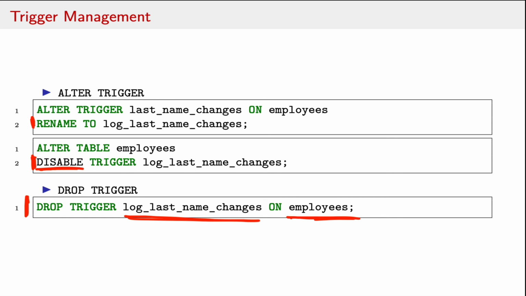But if that was the case, and I wanted to make sure that I always logged changes to that, I could create the trigger for this function on multiple tables. And anytime the corresponding operation took place on that table, the trigger would fire. Because I could potentially attach a trigger function to multiple different tables, that's the reason I need to actually include this on clause in the drop trigger to say which one I want to drop that trigger from.